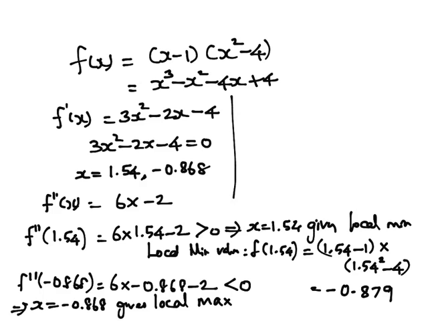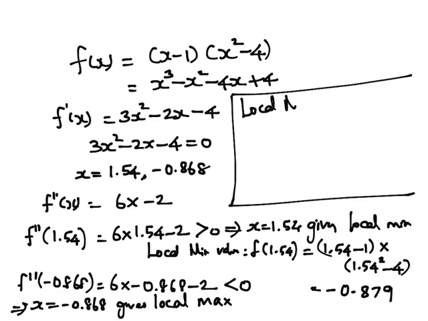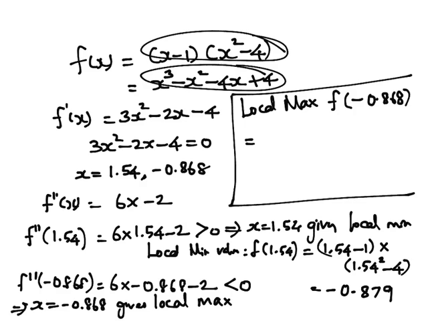How do you find that local maximum value? Very simple. It is f(minus 0.868). I can substitute it either here or here, and I will get 6.06. So this is the local maximum value.